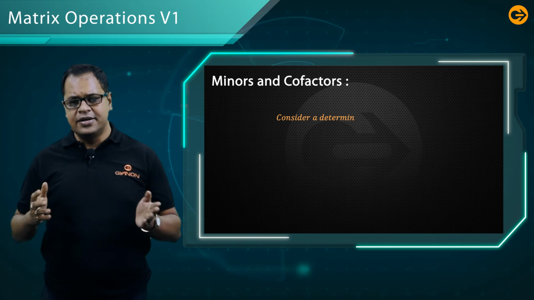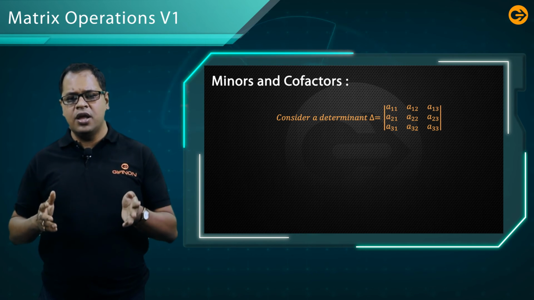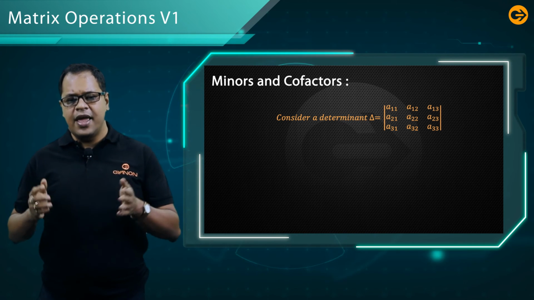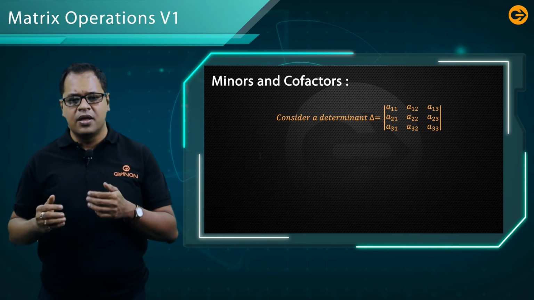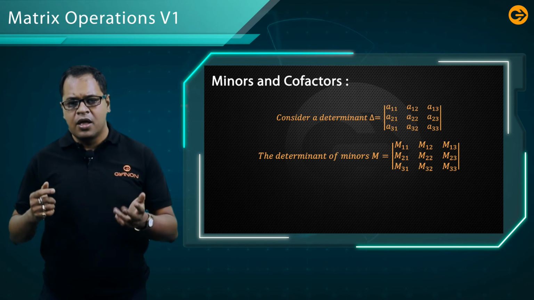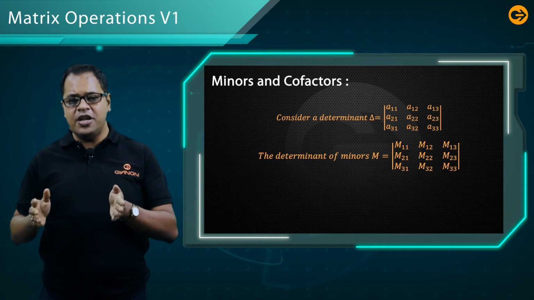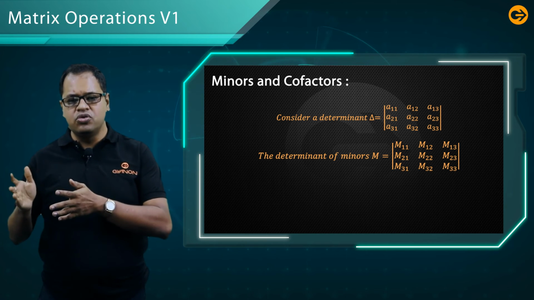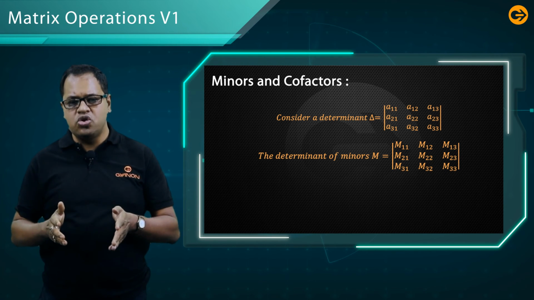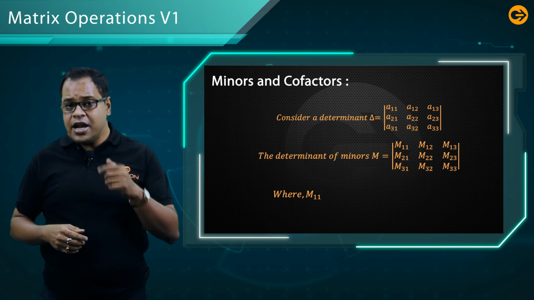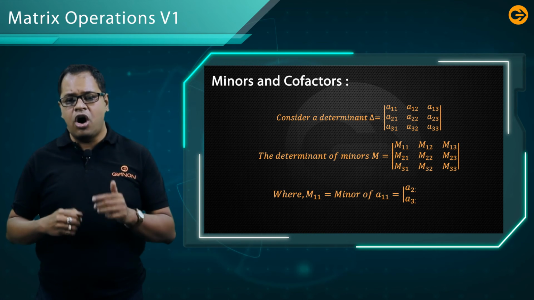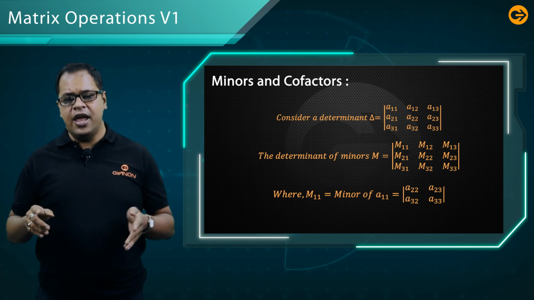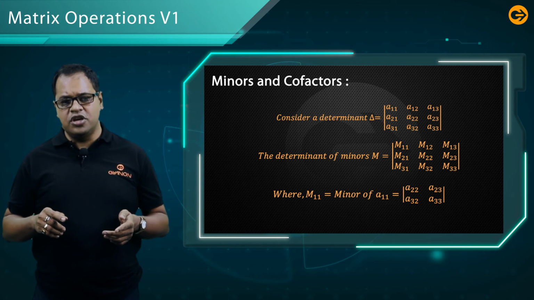Consider a determinant delta equal to a11, a12, a13, then a21, a22, a23, a31, a32, a33. The determinant of the minor matrix capital M is equal to M11, M12, M13, M21, M22, M23, M31, M32, M33, where capital M11, the minor of small a11, is equal to the determinant of a22, a23, a32, a33.